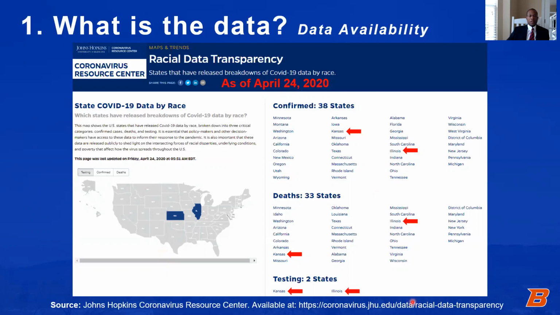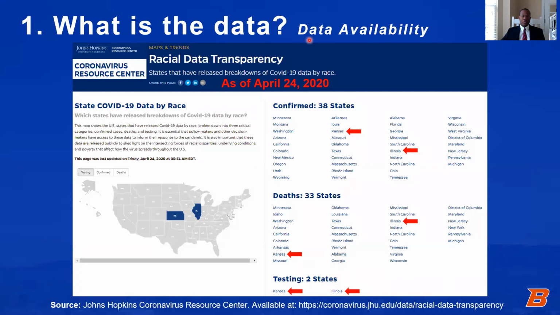On their website, here's the URL at the bottom, they provide a description of what states are reporting and how they're reporting it. So we have 38 states that are reporting data on confirmed COVID-19 cases, 33 states which are presenting data on death, and however, only 2 states which are presenting test data thus far, according to Hopkins, and those states are Kansas and Illinois.